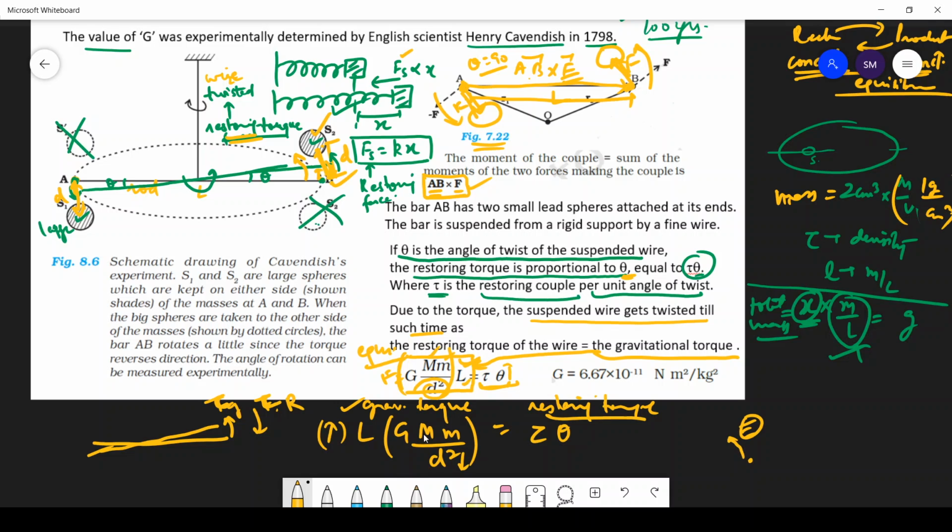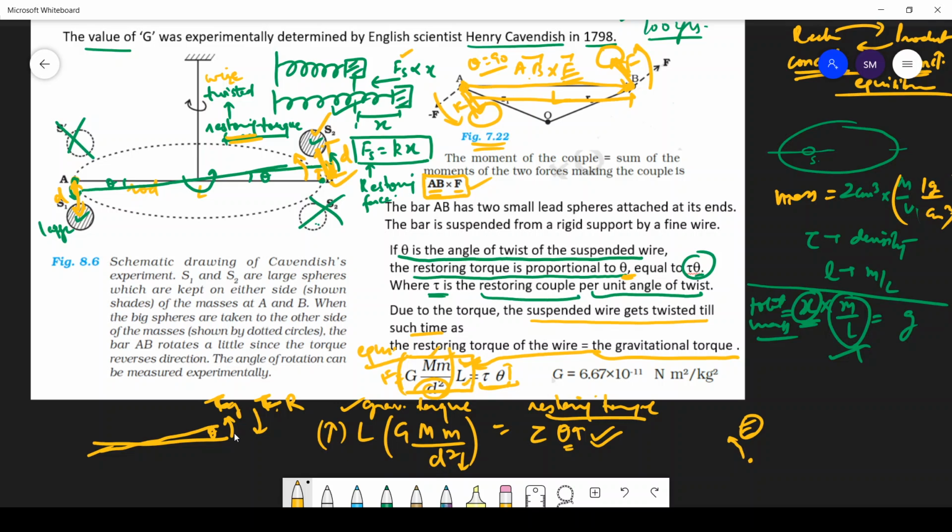These four things are constant, but as theta increases, the restoring torque increases, and this is increasing at a much faster pace as compared to d, that is, as compared to the gravitational torque.